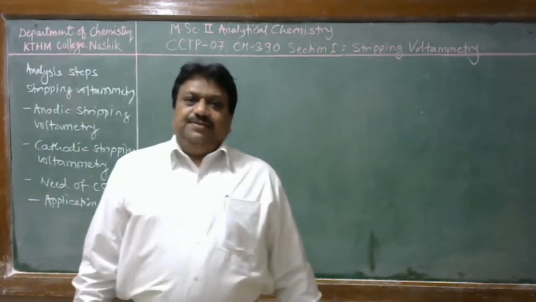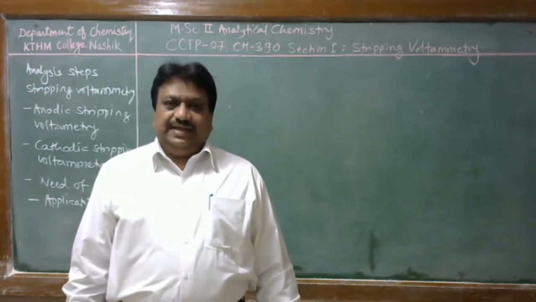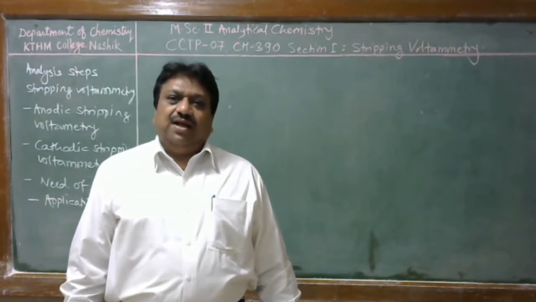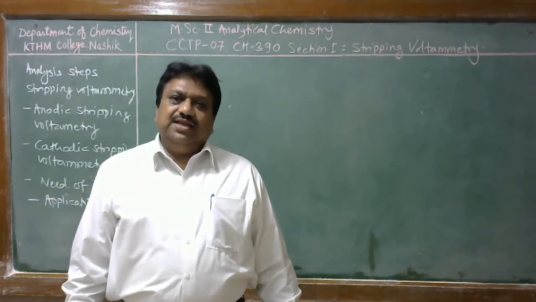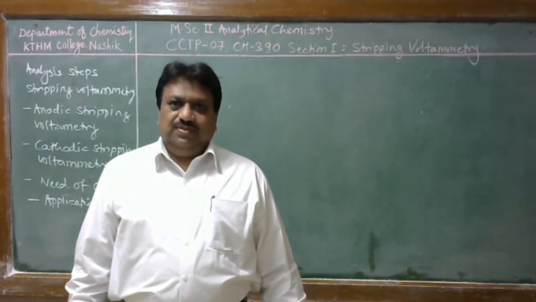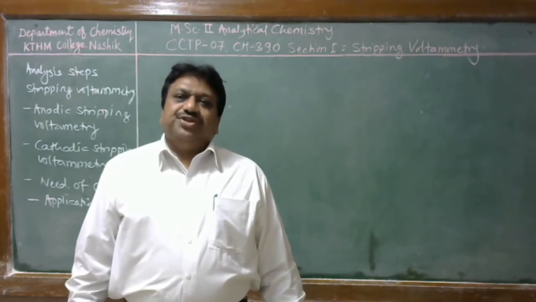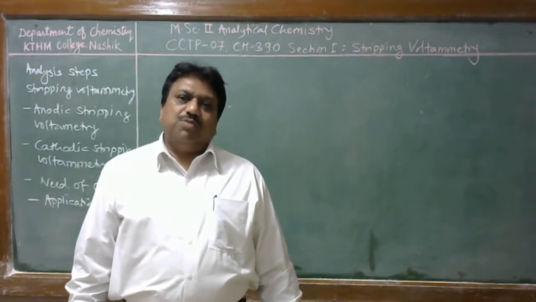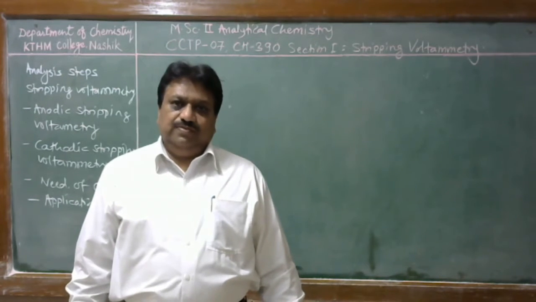Students, in today's lecture we discuss the different applications of stripping voltammetry. Stripping voltammetry is a two-step electroanalytical technique. In the first step, called the concentration step, the analyte is electrolytically deposited onto the working electrode. During this, the time is measured and the deposition may be carried out by stirring the solution. Therefore, a very small amount of the analyte gets deposited onto the working electrode.